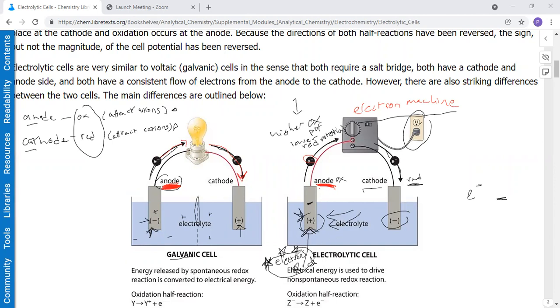And this is all because of this current thing supplied. So it's not going to attract the positive because there's always electrons coming here, which attract all the positive ions. So that leaves a bunch of negative ions. You know what I mean? So all the positive is here and all the negative is here.